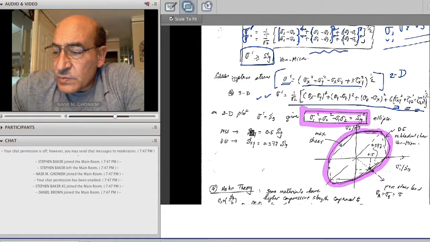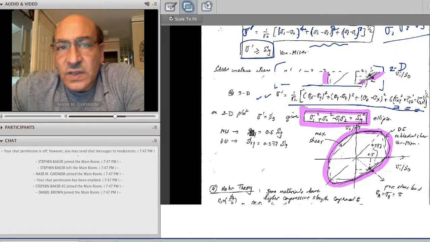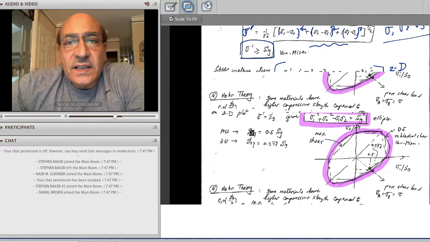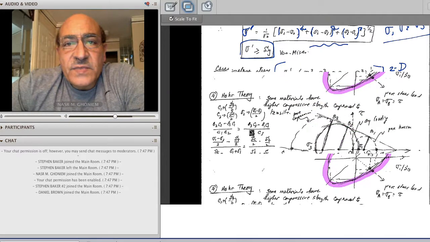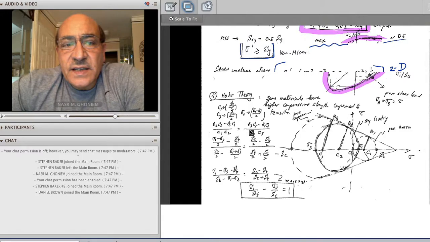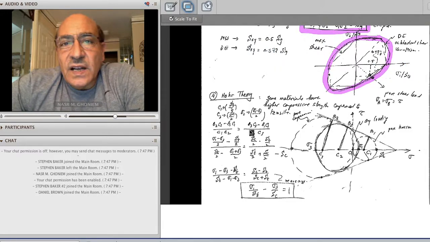The next one is Mohr theory, and Mohr noticed that if we have semi-ductile materials like cast iron, for example, then in compression it has a lot more strength than in tension. So if we use just the maximum principal stress criterion, then we would be over-designing it if it is used in compression applications.